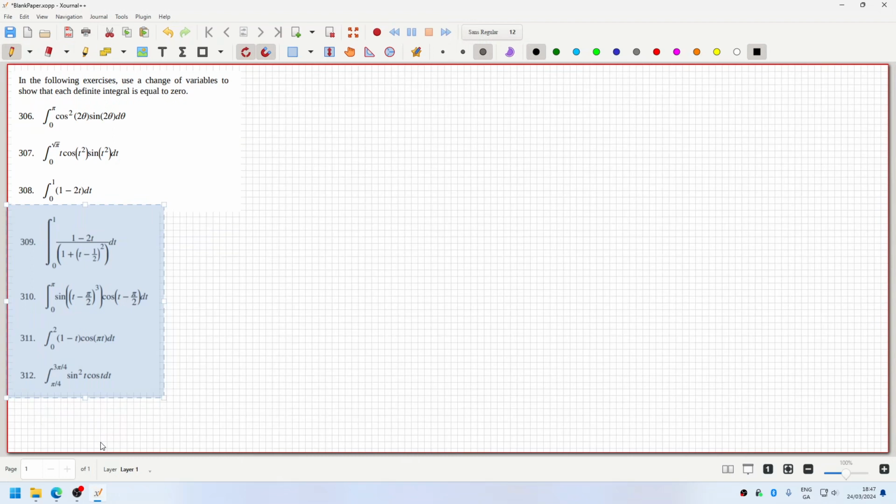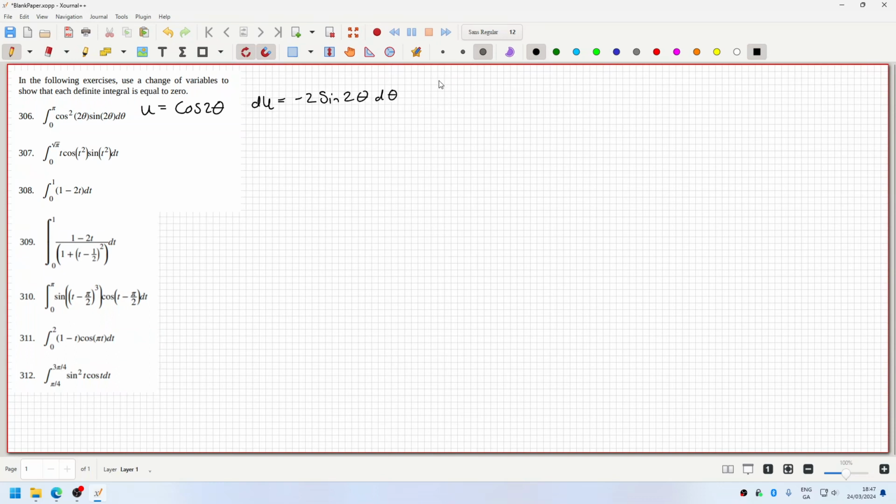Basically show that the integration should be 0. All right, so here we'll go with u equals cos 2 theta, because that will mean du will equal minus 2 sine 2 theta d theta.